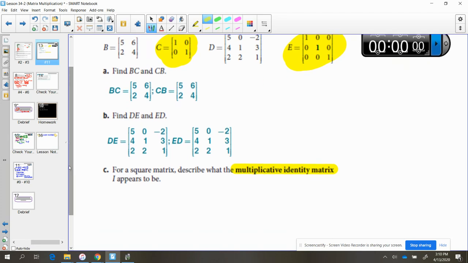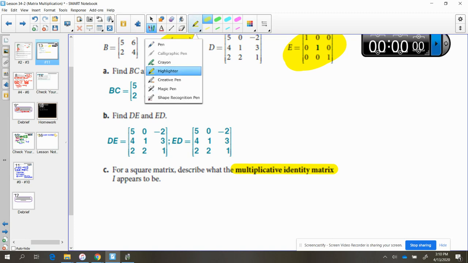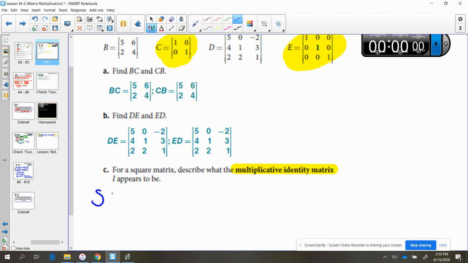And for a square matrix, we can have an identity matrix where we basically have the same number of rows and columns, and the diagonals are all going to have an entry of 1. Everything else is a 0. Okay, so again, these only occur in our square matrices, where the rows and the columns are the same value.